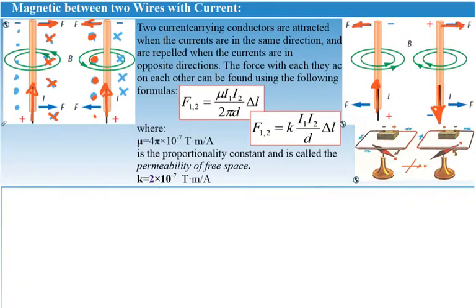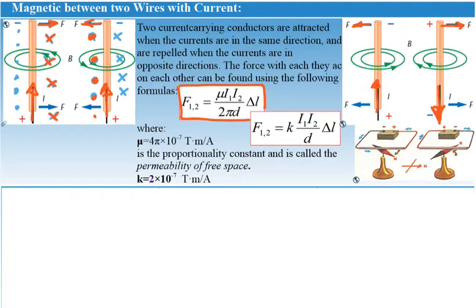To calculate how much force of repulsion or attraction there is between them, I can use a different formula. This formula is mu over 2 pi times I1, I2, times the length that is in contact with each other, so the length of both wires that are in contact with the other wire's magnetic field.